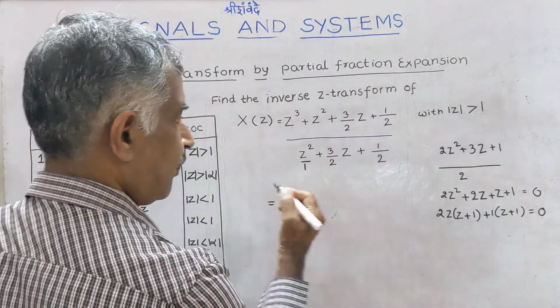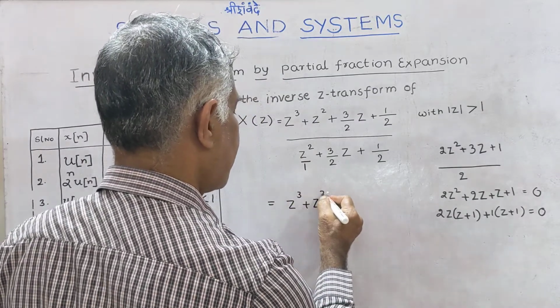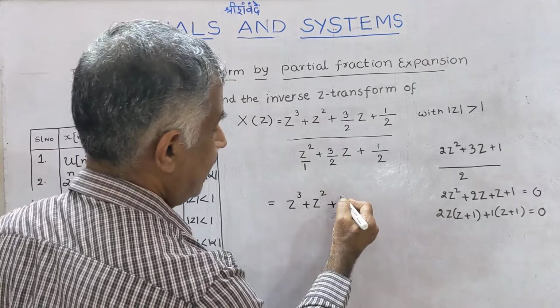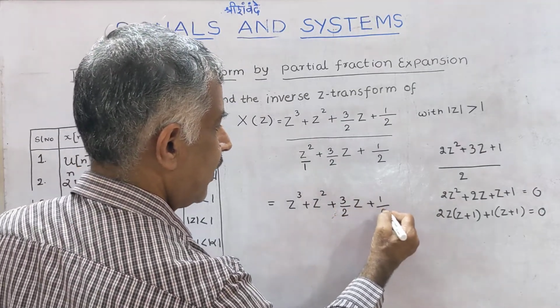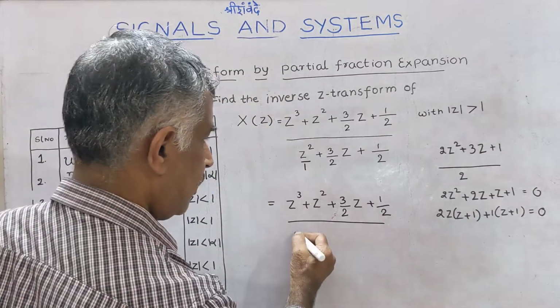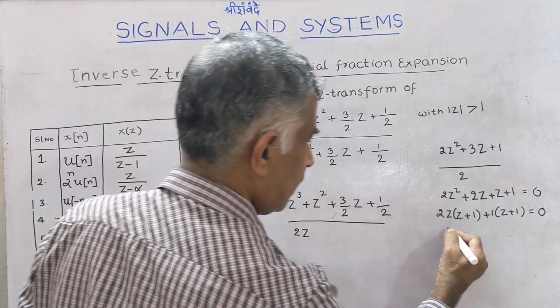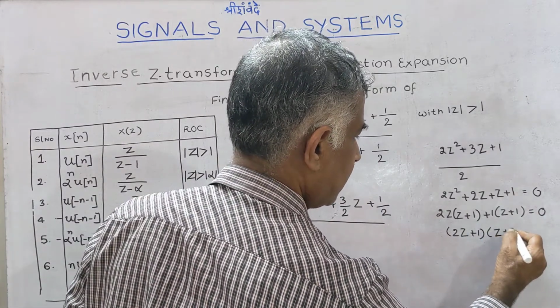Therefore, this is written as z cube plus z square plus 3 by 2 z plus half divided by 2z plus 1 into z plus 1, where the factors are 2z plus 1 and z plus 1.